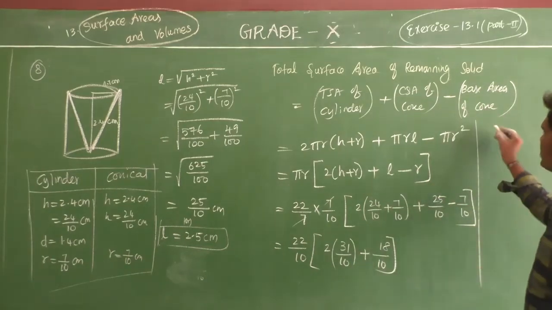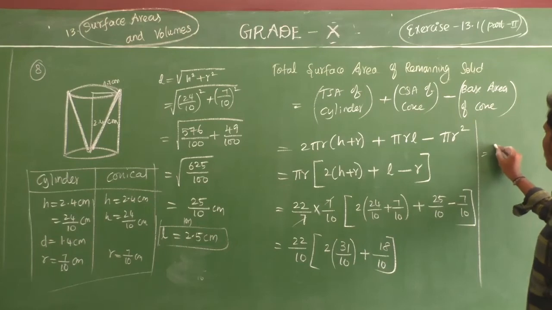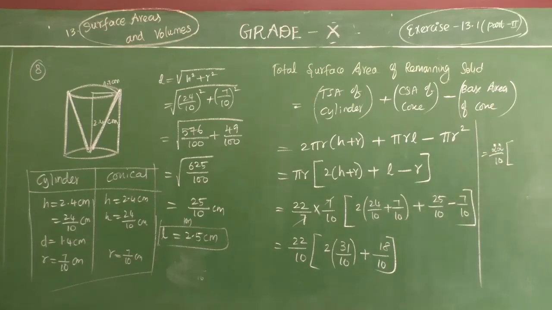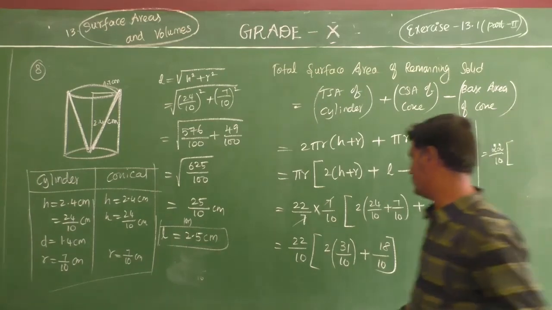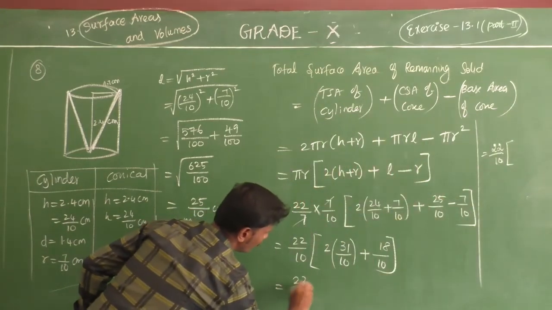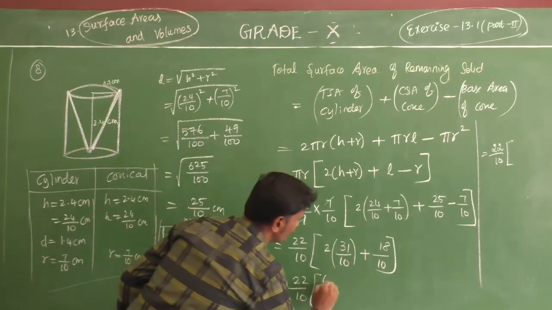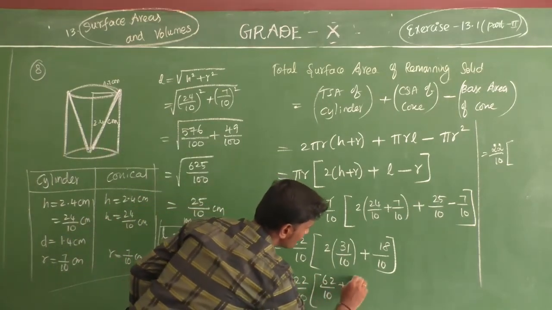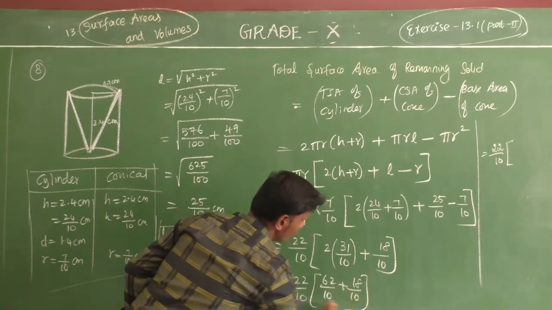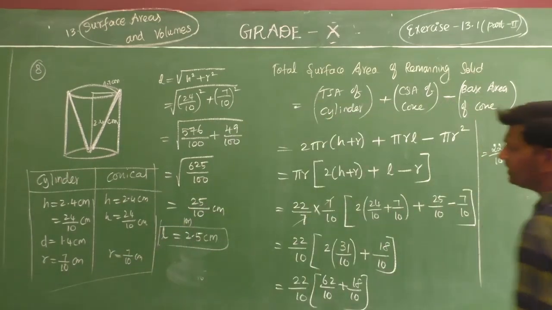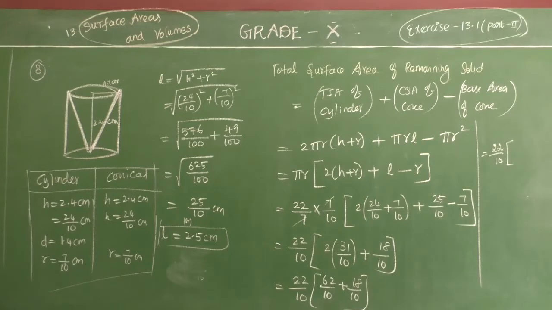Now the simplification is 22 by 10 into 31 twos are 62 by 10 plus 18 by 10. So 62 plus 18, what will come? 62 plus 8 is 70, 70 plus 10 is 80.